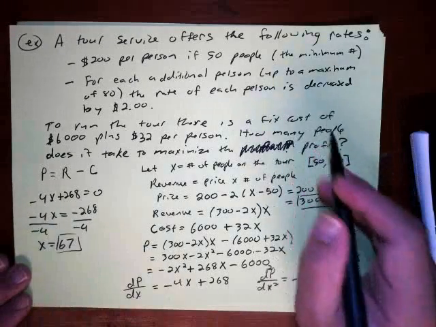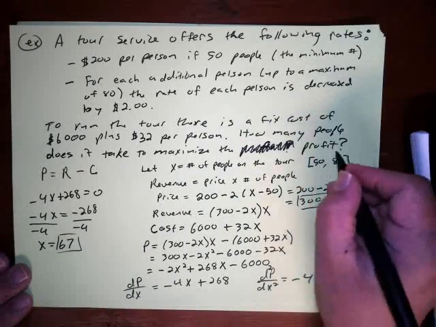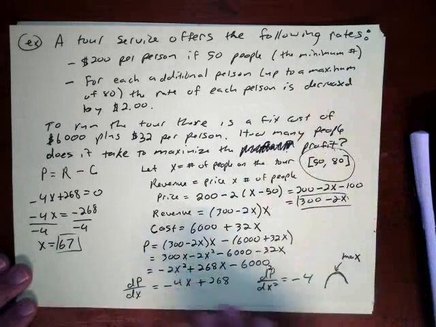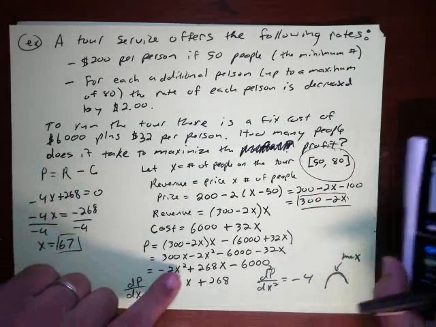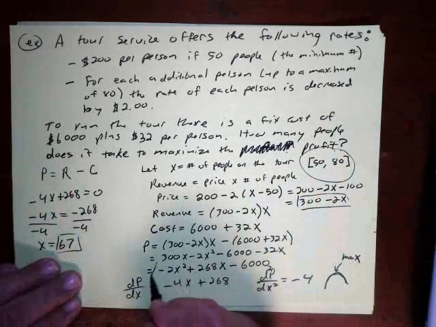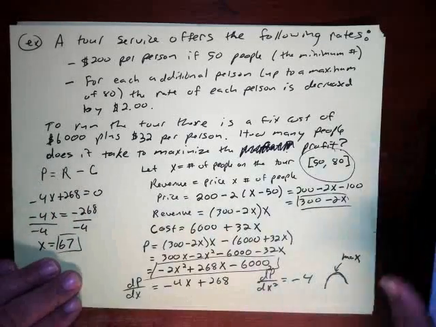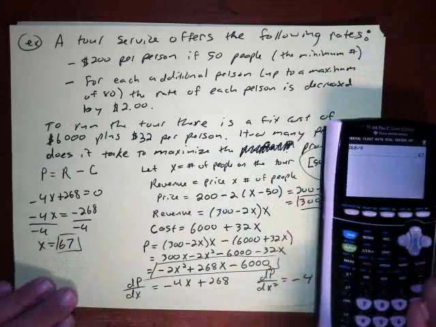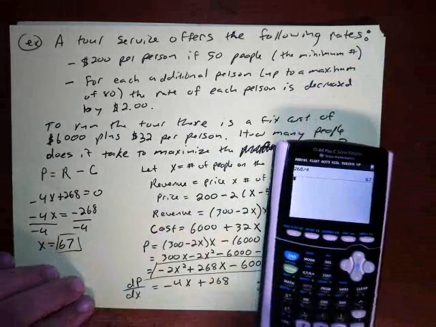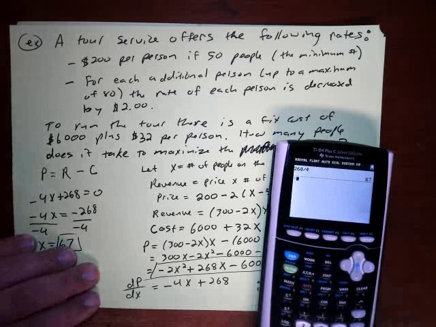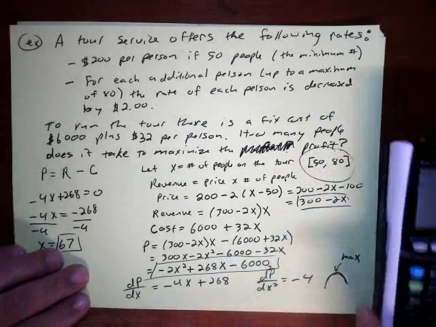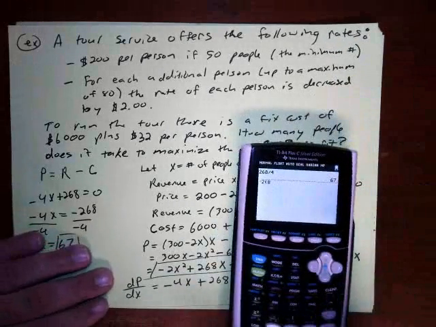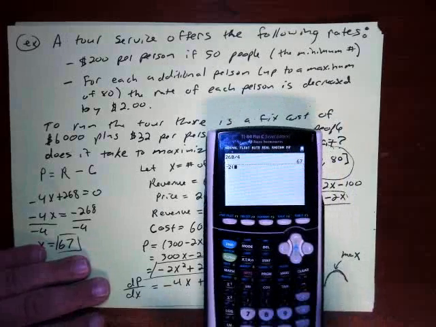Now you could check the endpoints of this interval if we wanted to. So let's go ahead and do that. We're going to check those in the original function here, and just make sure that they're not bigger. That's the other thing you'd want to do. We know they're not because it's an upside down parabola, but I'll just go ahead and do it.